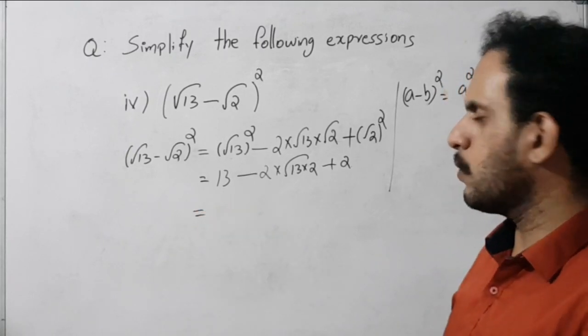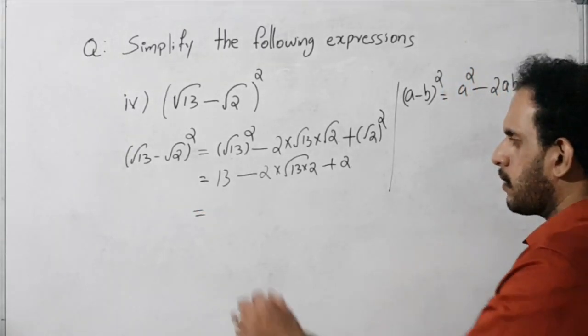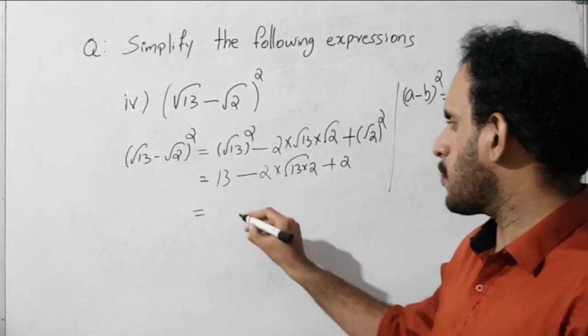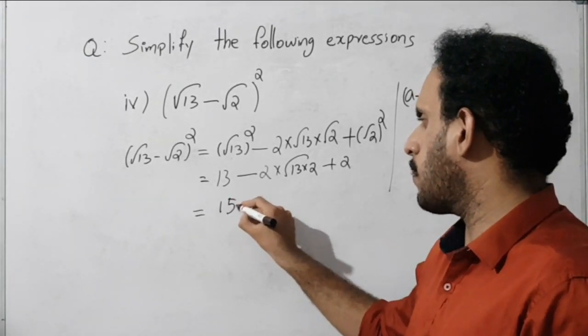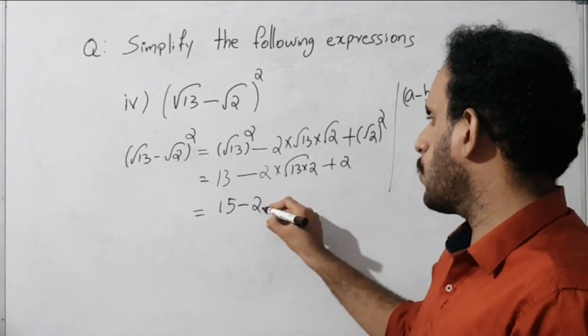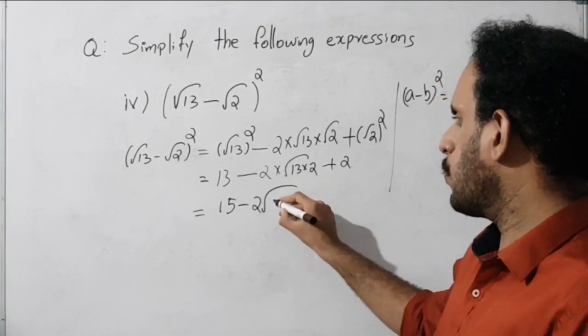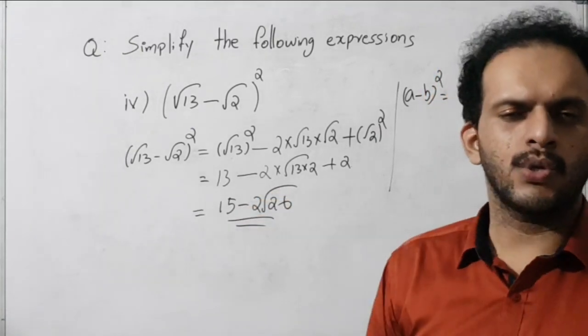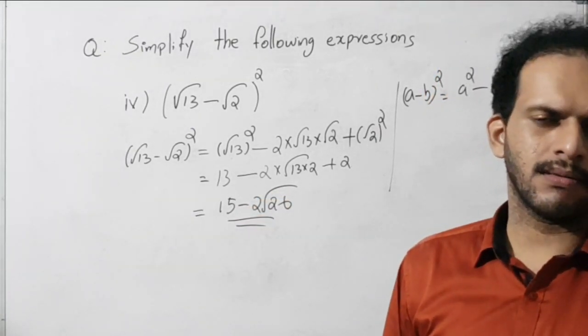Here it is possible to add 13 and 2. What is 13 plus 2? 13 plus 2 is equal to 15, minus 2 into root of 13 into 2, that is 26. So the answer is 15 minus 2 root 26.